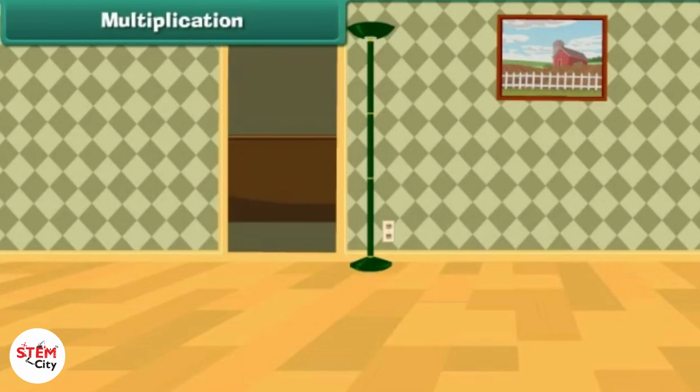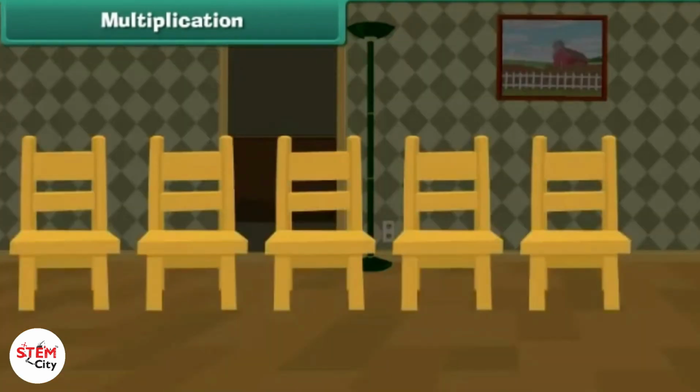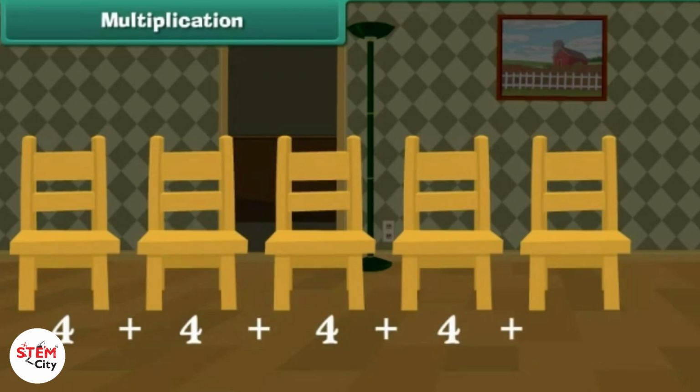Multiplication. Multiplication is repeated addition. For example, to find the total number of legs of 5 chairs, we'll add 4 5 times because each chair has 4 legs. 4 plus 4 plus 4 plus 4 plus 4 is equal to 20.